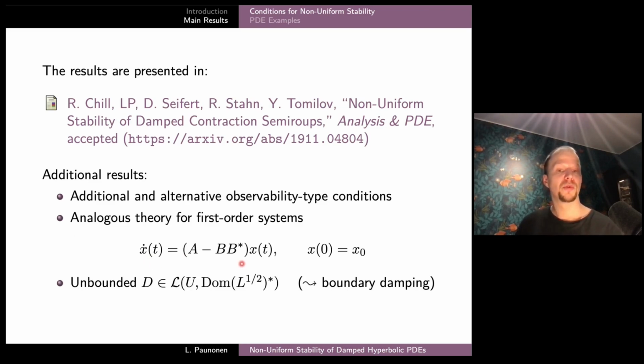And finally, we also deal with a case which is theoretically quite challenging, where the operator D is allowed to be an unbounded operator. And such operators especially facilitate the study of non-uniform stability for wave equations which are damped on the boundary of the spatial domain.